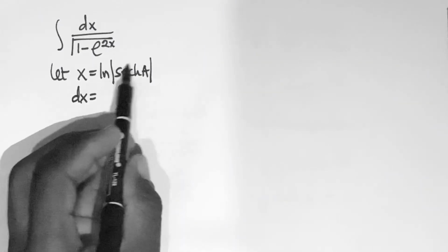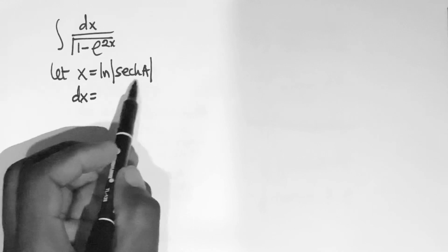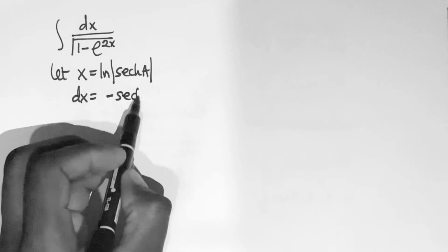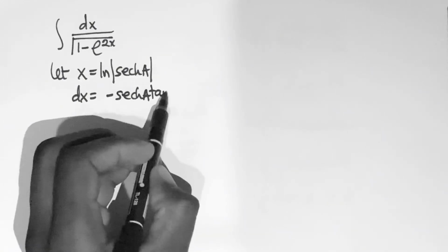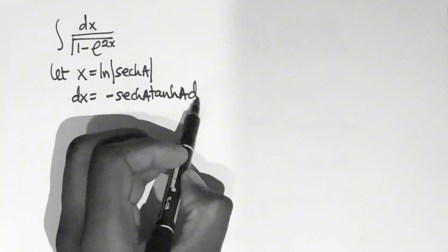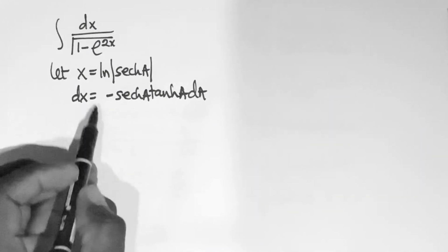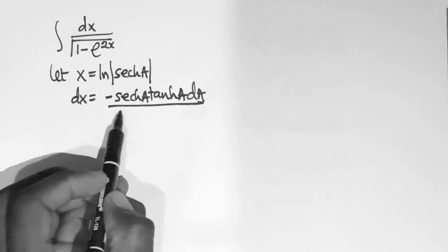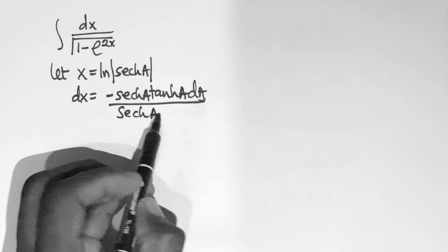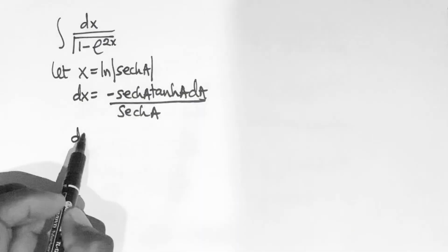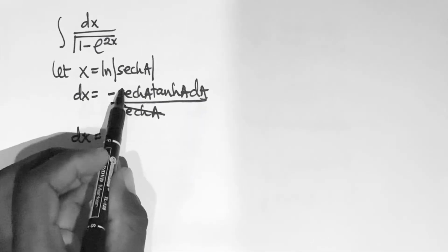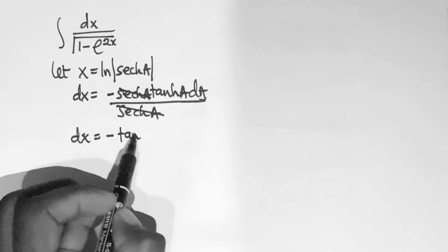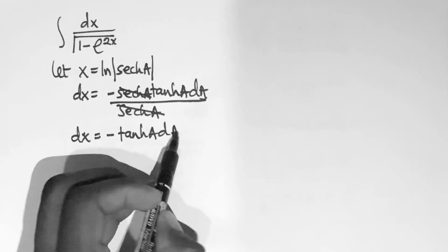First we differentiate sec A. If we differentiate sec A, you are going to get minus sec A, then tan A dA. But because there is a natural log here, we need to divide everything by sec A. So dx is equal to this sec A and this sec A will cancel out. So that will be minus hyperbolic tan A dA.